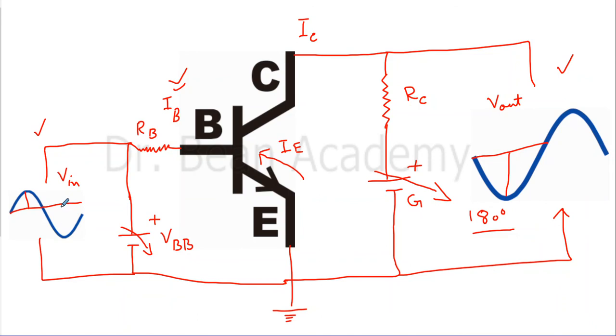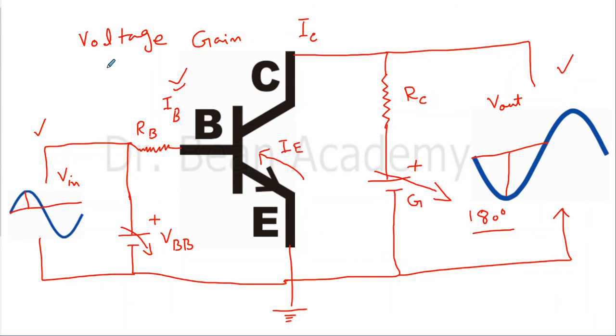So this is what you will get. If you give a sinusoidal input to the common emitter transistor, you will get voltage amplification, but it will be 180 degrees out of phase. So this setup is for voltage gain, because here we are amplifying voltage.